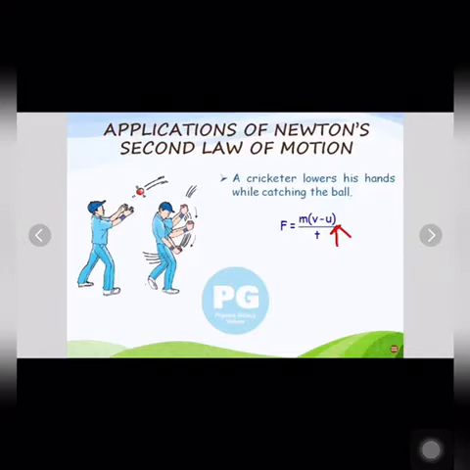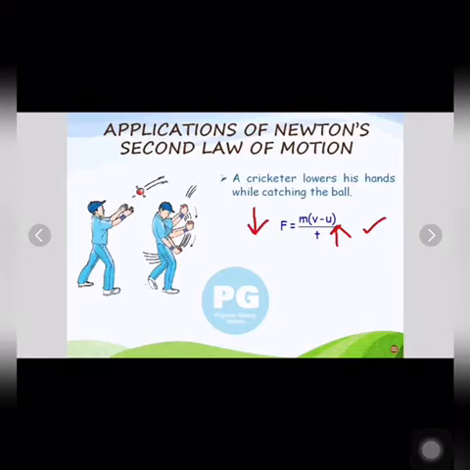From this second law of motion, you can see that if the time is increased, then the force applied will be decreased, because force and time are inversely proportional to each other. So by lowering his hand, the player increases the time, therefore the force decreases. The ball in turn thus exerts a smaller force on his hands and the hands are not injured.